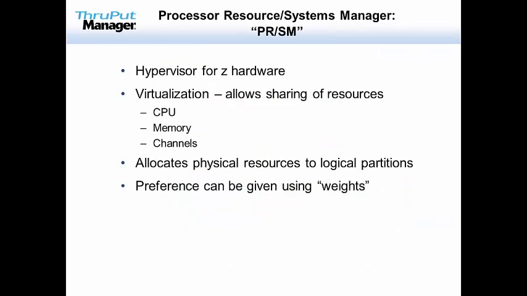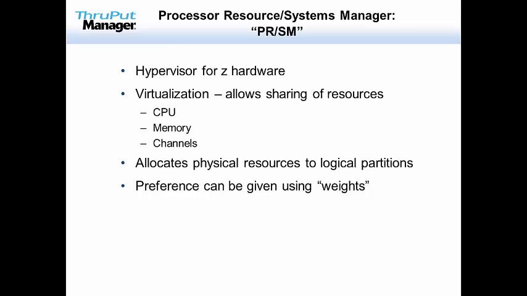Let's switch gears a little bit and talk about the hardware. PRISM, you've heard the term, I'm sure many of you. Processor Resource Systems Manager. It's a hypervisor for Z hardware. What's a hypervisor? Hypervisor is just a virtualization component. We have virtualization components in virtually every platform.